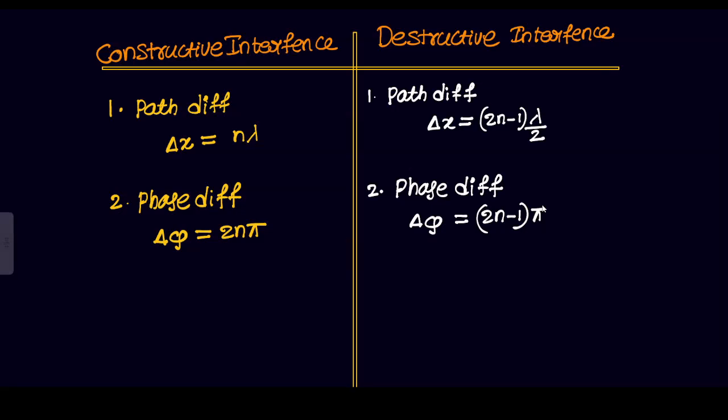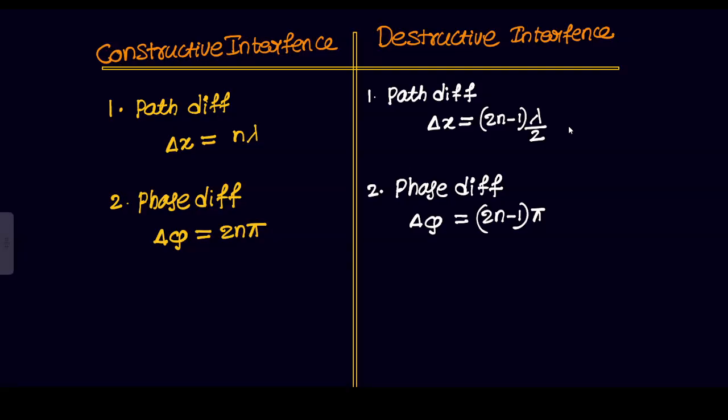So how much path difference do we need to have a destructive interference? Lambda by 2, 3 lambda by 2, 5 lambda by 2, 7 lambda by 2, like that. And phase difference is pi, 3 pi, 5 pi, 7 pi, 9 pi, like that.